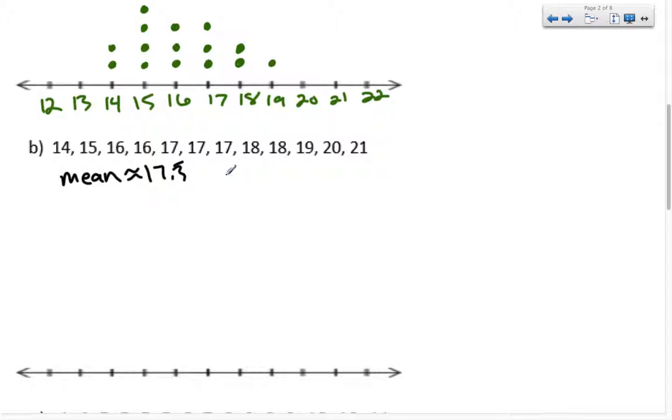Okay, so moving on, our median. I'm going to go ahead and graph this first and show you how you can use your dot plot to find the median as well.